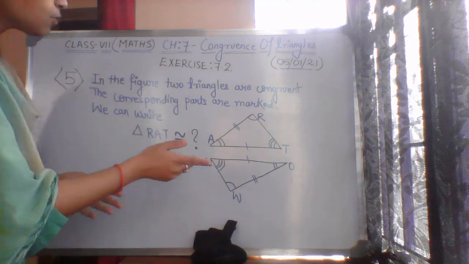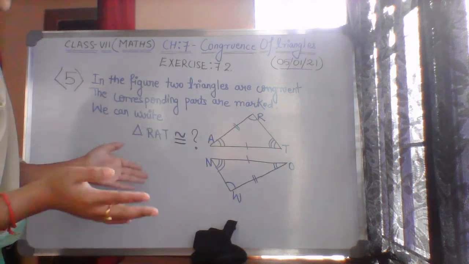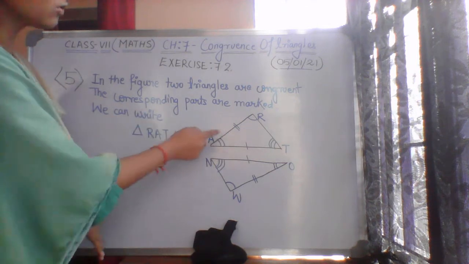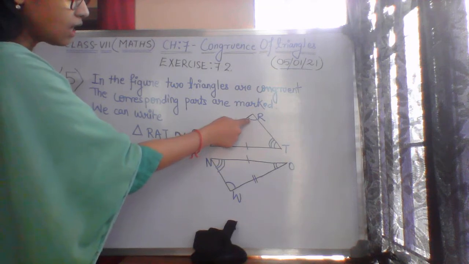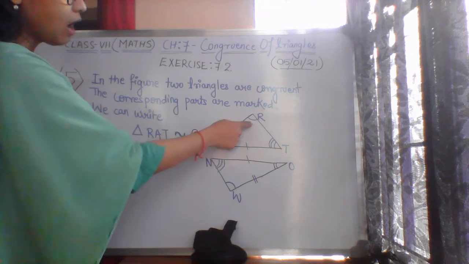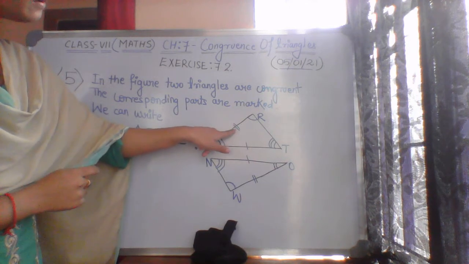So corresponding parts are marked. What are the corresponding parts? It is marked already in the figure. You can also see that line segment RA equals which line segment? It is denoted by a double line.